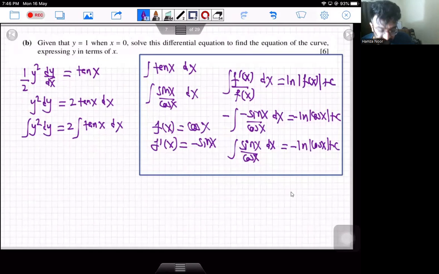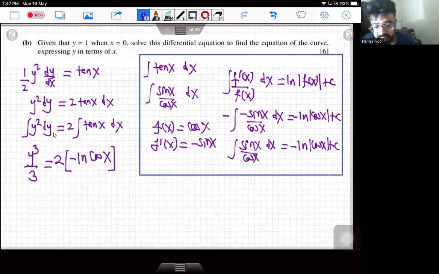On the left hand side, we need to integrate y squared with respect to y, so this will be y cube over 3. On the right hand side, we have a constant term 2, multiplied by the integration of tan x with respect to x, which is minus ln cos x. We just need to add c on any one side of the equation.